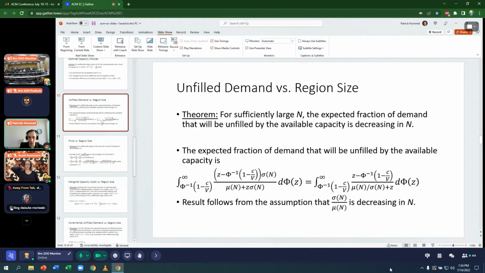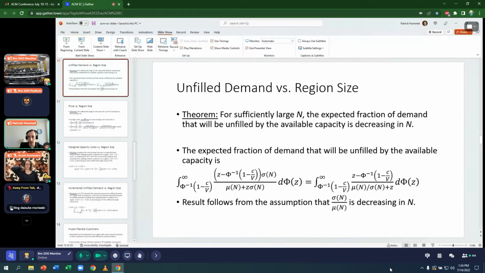Okay, and so our next result concerns the relationship between unfilled demand and region size. And so here we show that the expected fraction of demand that will be unfilled will be lower in larger regions. In this slide, we spell out the mathematical reasons for why this is true, but the high-level intuition for why this is true is that in larger regions, there's less uncertainty in demand relative to expected demand.